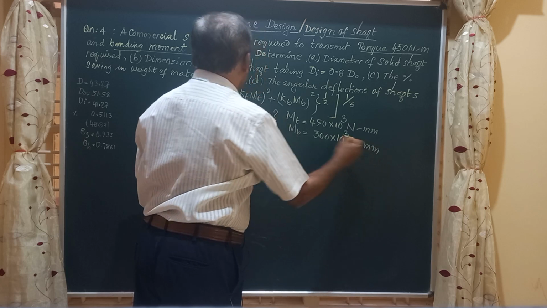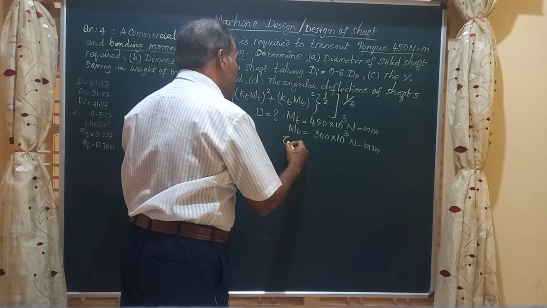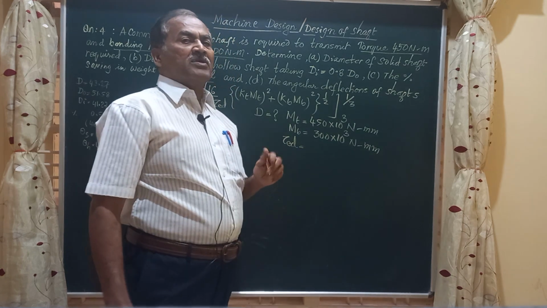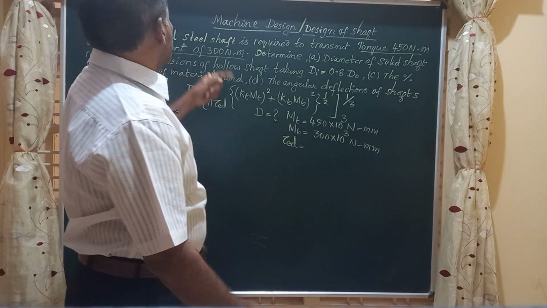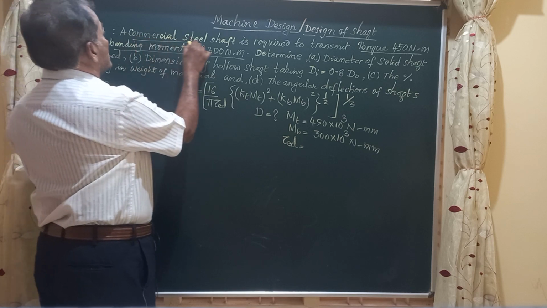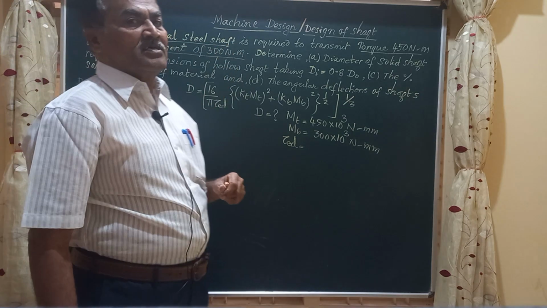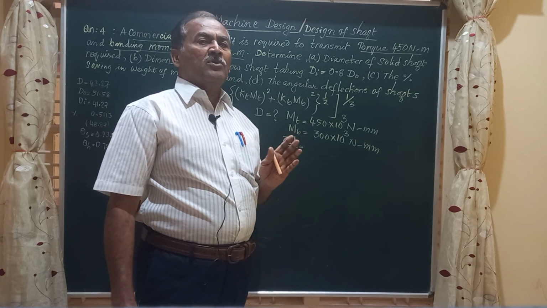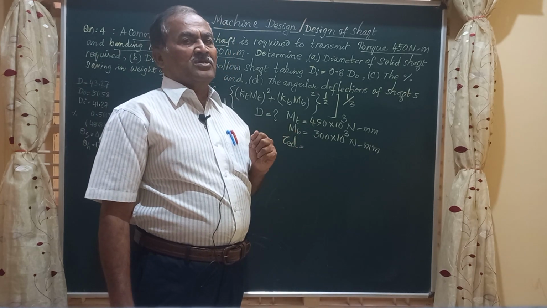We have this tau_d. What is tau_d? See in the question, he has not given the value, but he says it is a commercial steel shaft. So friends, for this, the value will not be given. As engineers, we should know what is the value of this permissible shear stress.